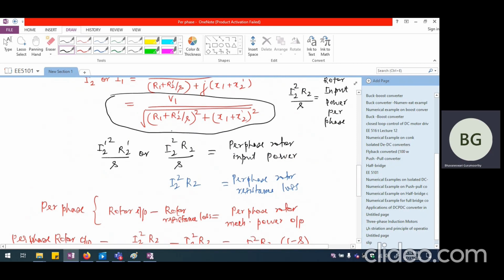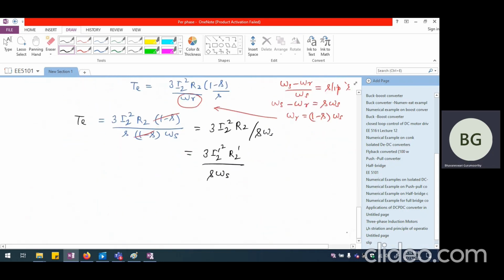V1 divided by root of (R1 plus R2 dash by S) the whole square plus (X1 plus X2 dash) the whole square. So I'm going to write I2 dash is equal to V1 divided by the square root of that. So let me write I2 dash square equal to V1 square divided by this.